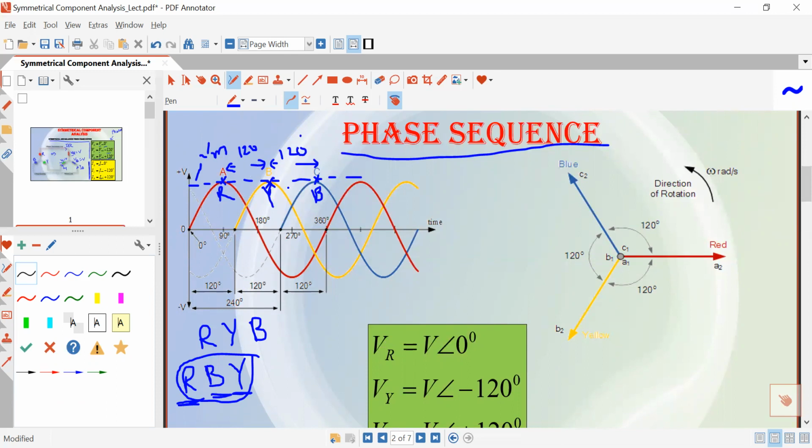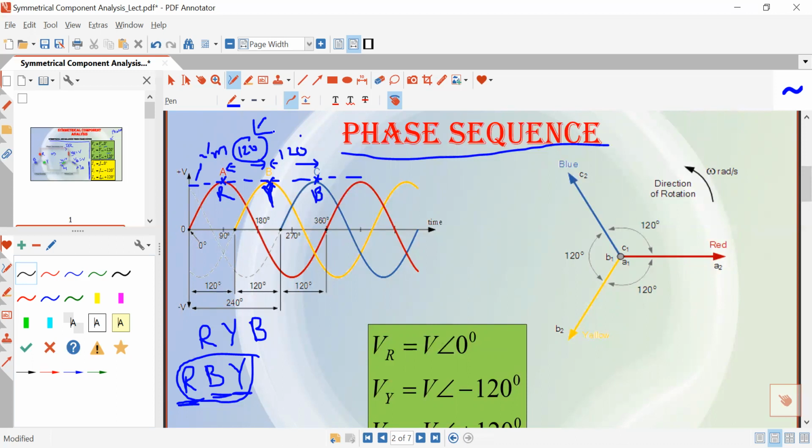For example, in this figure, you can see phase Y attaining its maximum after an angle of 120 degrees from phase R. So this angle of 120 degrees is called the phase difference.